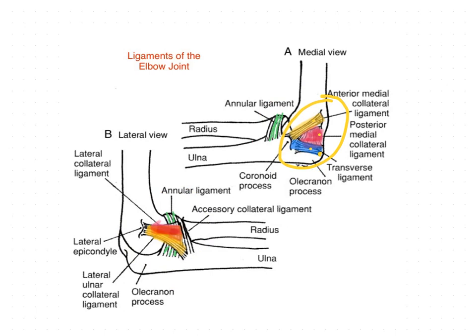Now we will see in detail about this medial collateral ligament. When the medial collateral ligament is dissected, it separates into a proximal enthesis of the ligament and a distal enthesis.